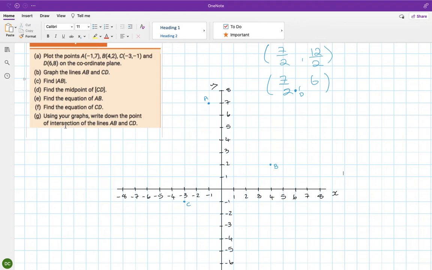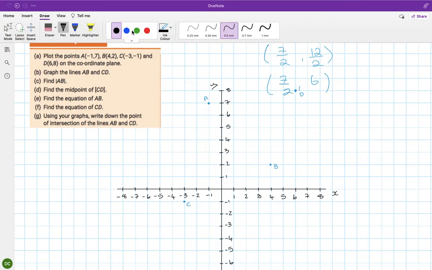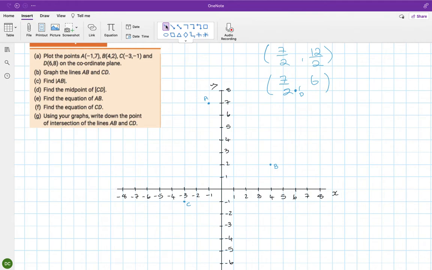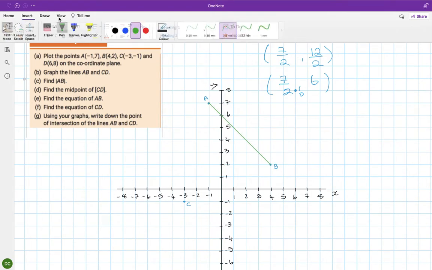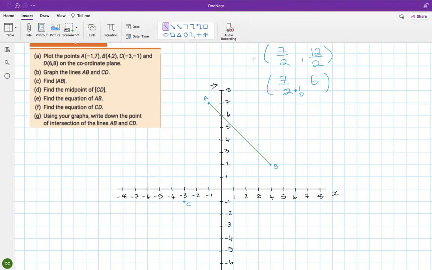Graph the lines AB and CD. Okay, so I'm going to draw a line. Let's do it in green. A to B. So place my cursor there in A, and I'm going to draw a line to B. And then I'm going to get a red one. Insert.